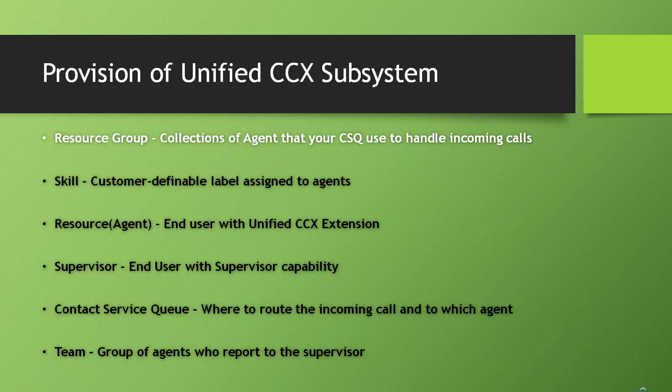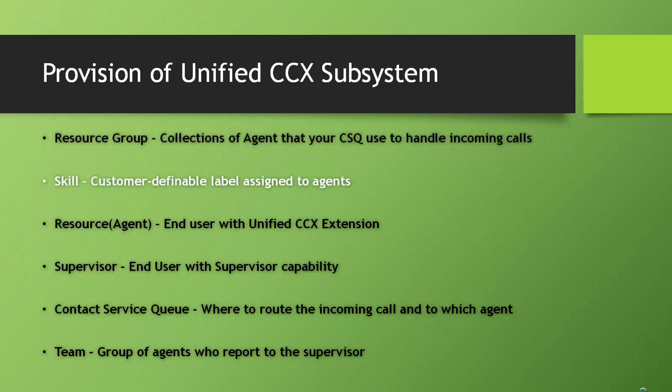Whenever we use a CSQ to distribute the call to a group of agents, we have an option to either send it to a group or to a resource skill. So when we want to send the call out to a group of people using a resource group, we can use this resource group and send the call out to the group or pool of agents.